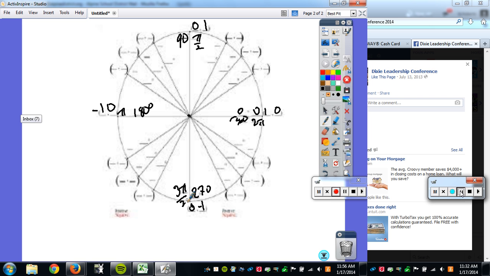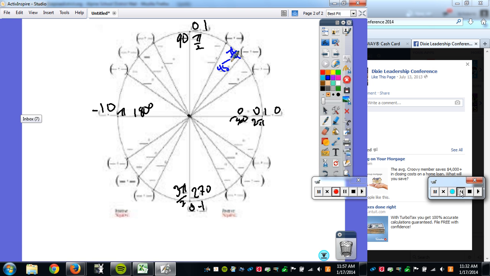The next thing that we're going to do is I cut this guy in half. So if you have pi halves and you cut in half, what do you have? Pi fourths. That's this guy right here, which is also 45 degrees, right? Last time we were in class, we talked about reference angles.